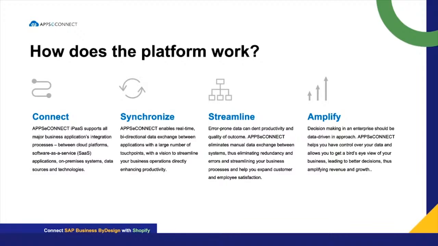The hybrid model allows the customer to configure integration settings on the cloud portal, and you have to download and install the APPSeCONNECT on-premise agent in their own infrastructure. So the data transfer between applications happens within the company's own network. On the other hand, we have cloud integration.